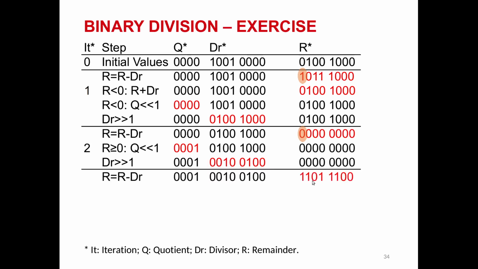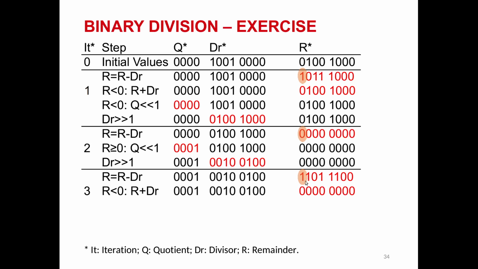And then to the third iteration, we need to take this remainder and subtract this divisor, and the result is written here. And as you can see here, we have value 1 in the most significant bit of the result. It implies that the result is smaller than 0, and we will need to revert it back to the previous value, that is 0 here, by adding DR again.